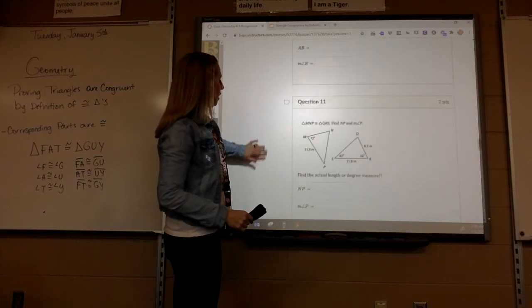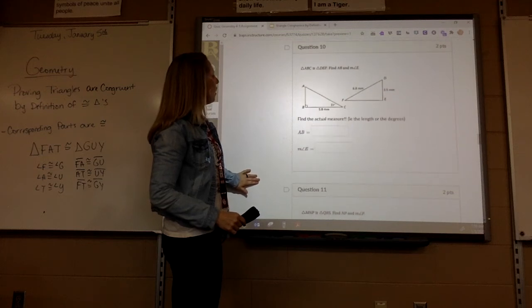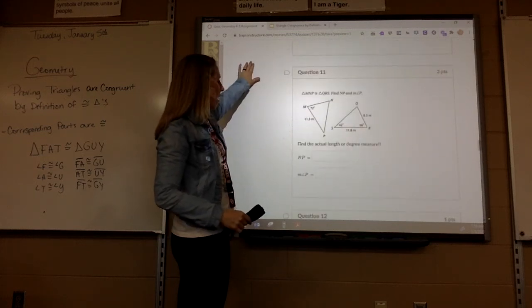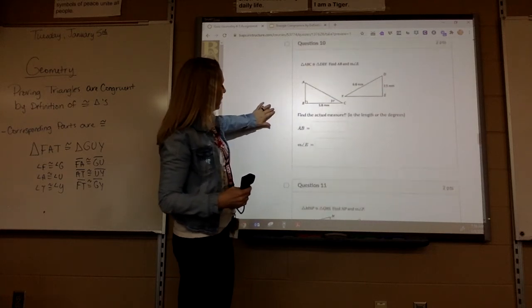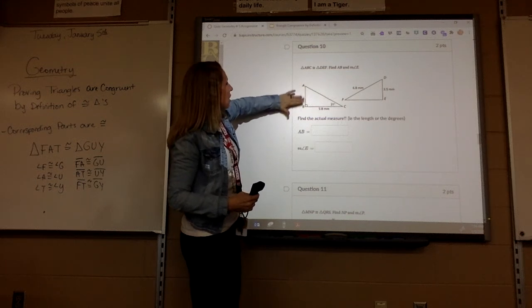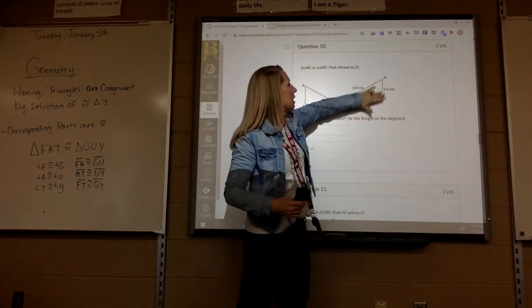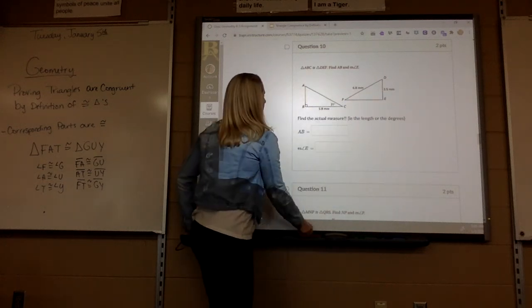You will have a little bit, make sure you match your correct corresponding parts. What I want for questions 10 and 11 is the actual length. So here on question 10 where it says find the length of AB, well I know AB is congruent to DE, but I want the actual length. So what is that length? 3.5.